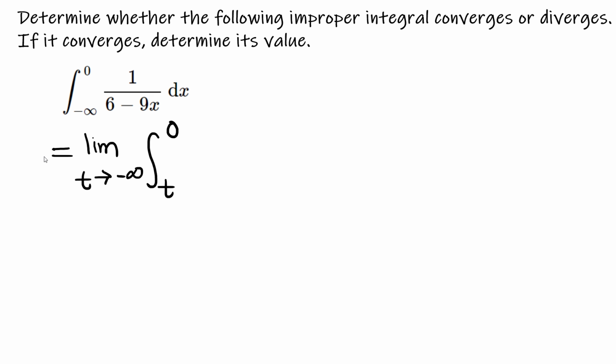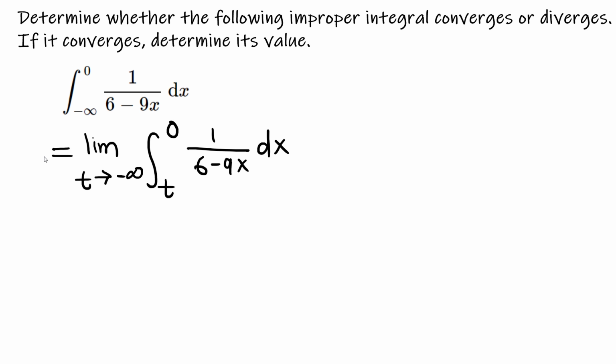So this definite integral is 1 over 6 minus 9x. Now we want to evaluate upper limit minus lower limit, then later we take this limit.